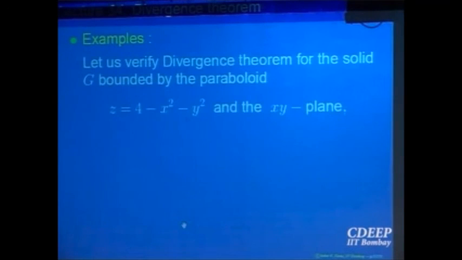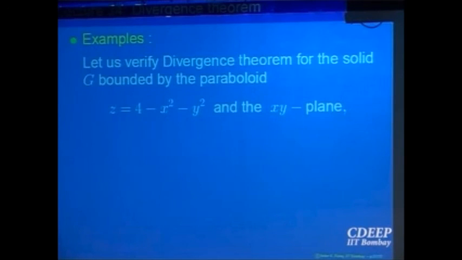I'm just going through the things which I should stress and are important from your point of view. Now, verifying the divergence theorem means what? Verifying Green's theorem, verifying any theorem means compute the left hand side, compute the right hand side. But when the question says verify Green's theorem or verify the divergence theorem, be careful about the orientations. In Green's theorem, the orientation is anti-clockwise for the curve.